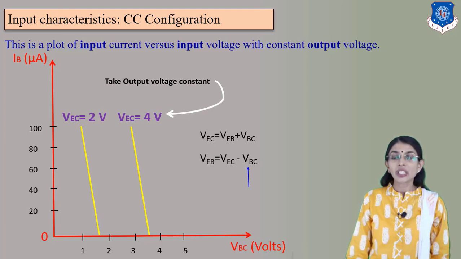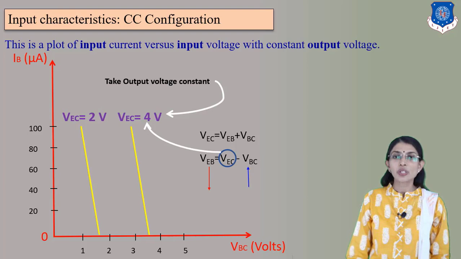But here VEC is nothing but the output voltage, and the output voltage is constant. Since we are assuming the output voltage constant, VEB is equal to VEC minus VBC, and if the negative term VBC is increased, VEB is going to be decreased.